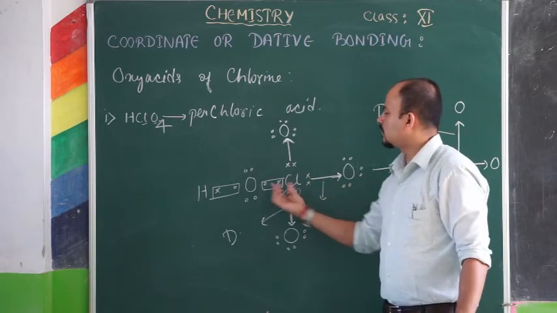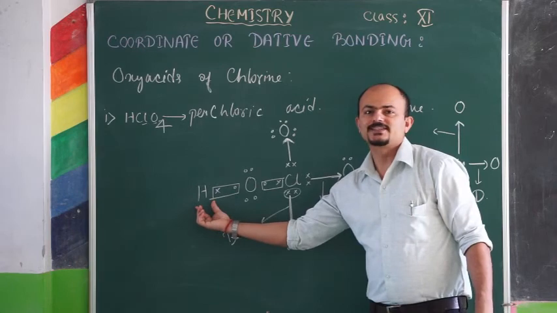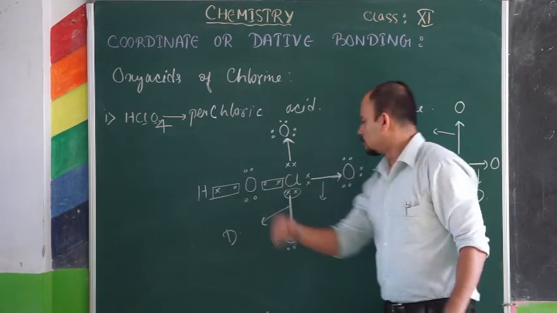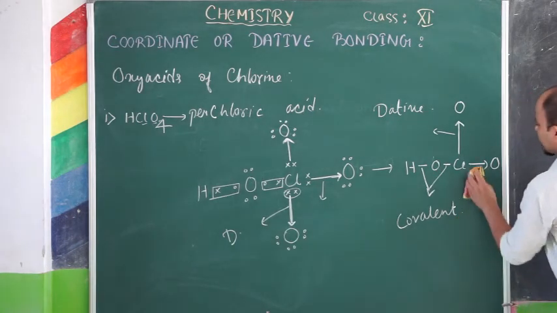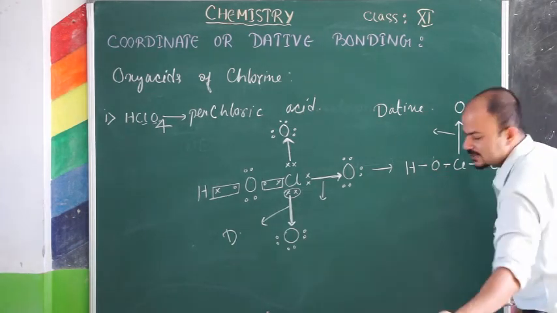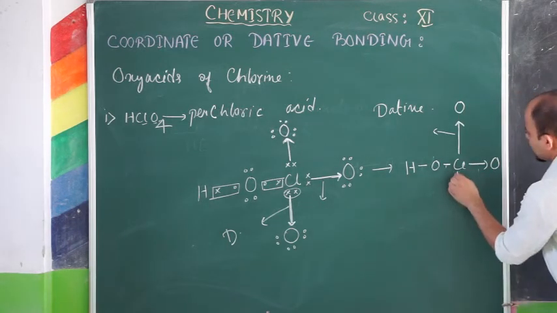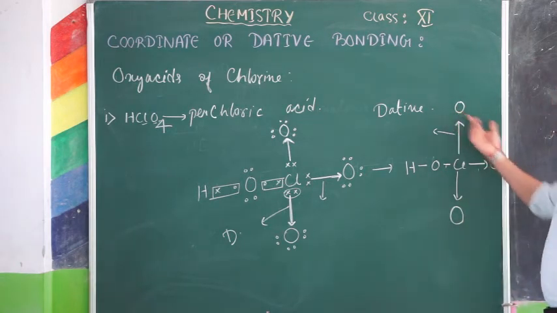Other atoms' octets are fulfilled as well as hydrogen's duplet. So in case of perchloric acid, how many dative bonds do we have? We have 3 dative bonds, formed with 3 oxygen atoms.